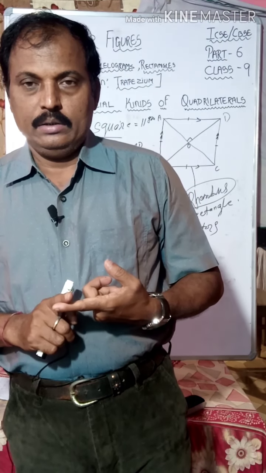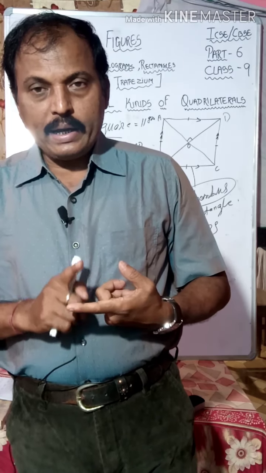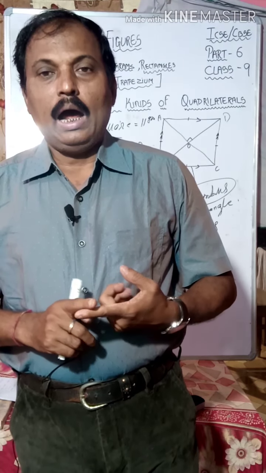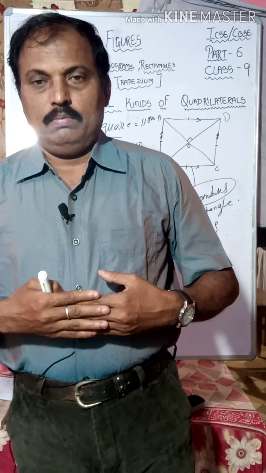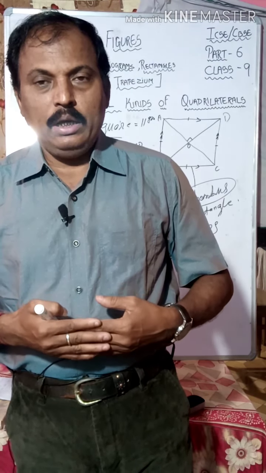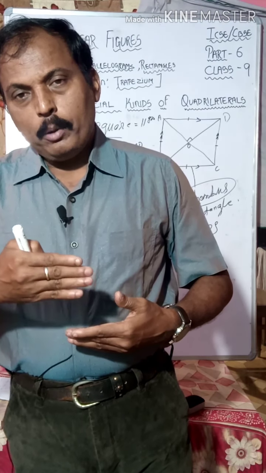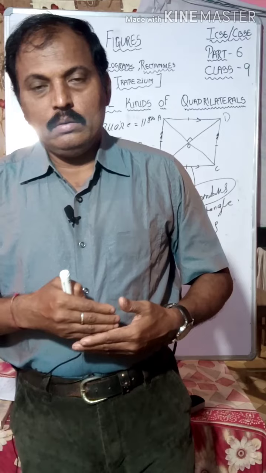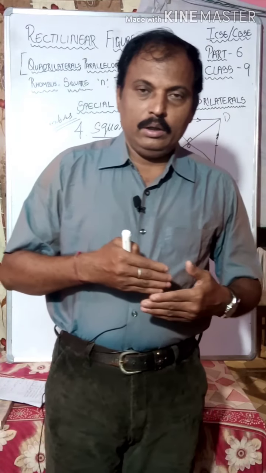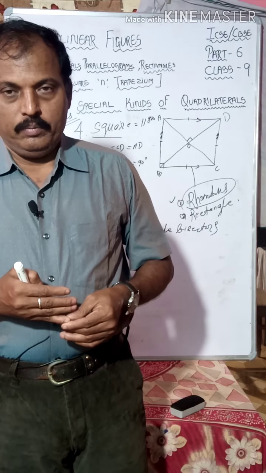But in a square, the four triangles are congruent to each other. Any two triangles are congruent to each other, and the area of each triangle is equal to half of the area of a square.